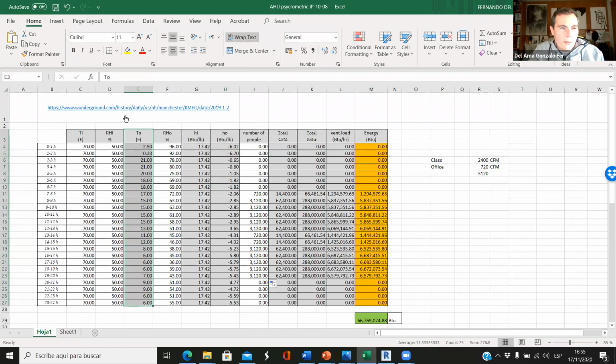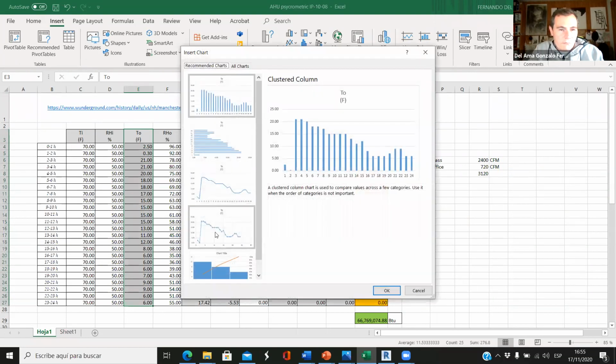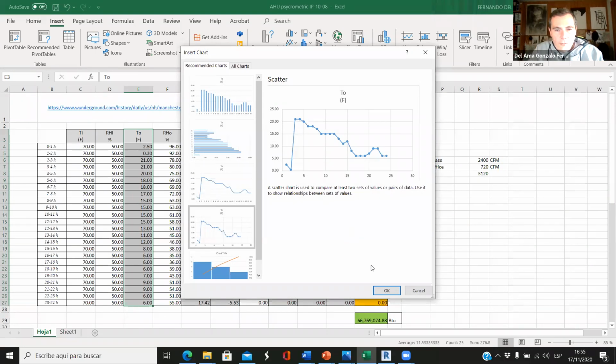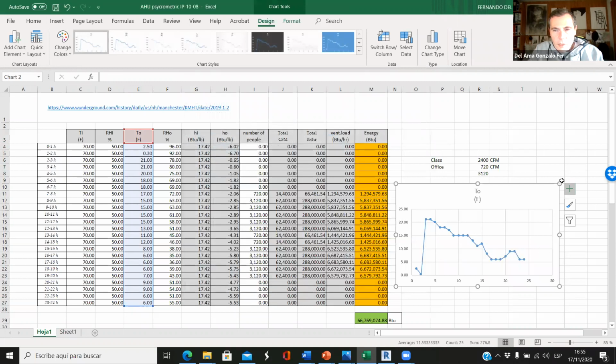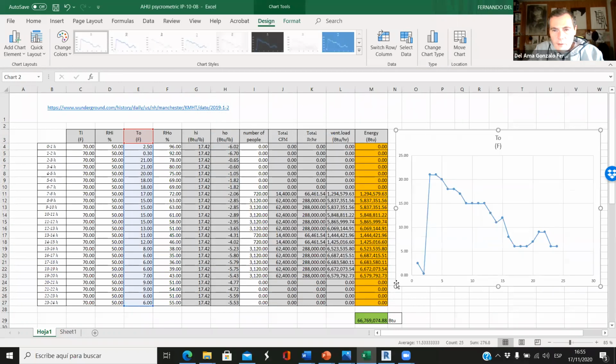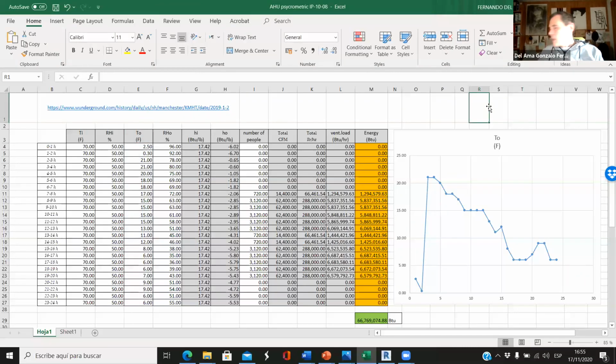Okay, so let's select this column, insert recommended charts. So we can use this one with lines. We click OK. Okay, so here we have the temperature. Now we have to insert the energy.